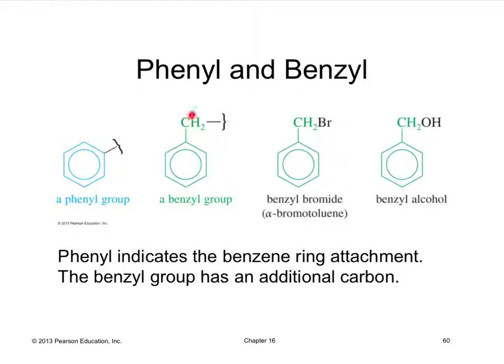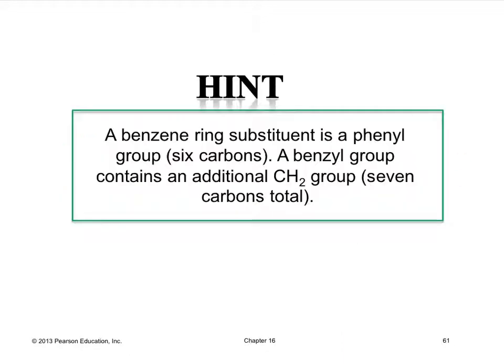When you have a CH2 in addition to the benzene ring, that's called a benzyl group. So this would be benzyl bromide, and this is benzyl alcohol. An important thing to note is that a phenyl substituent has 6 carbons. A benzyl group has an additional CH2 group, so this has 7 carbons in total.